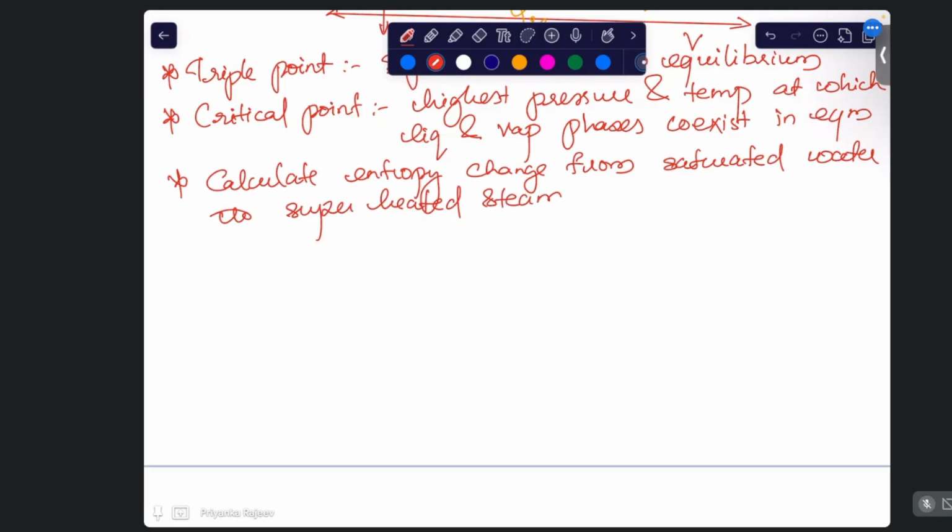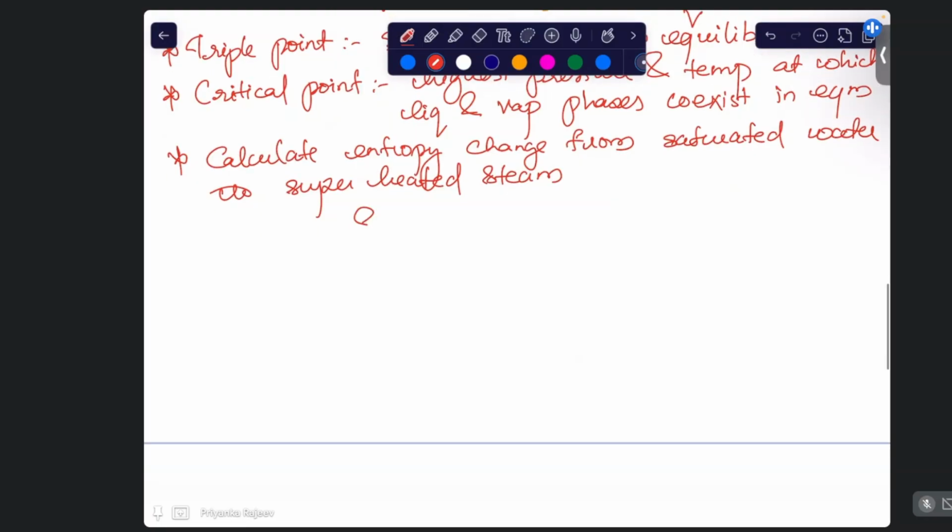You can use entropy of superheated steam equal to entropy of gas plus Cp ln(T superheated / T saturated).